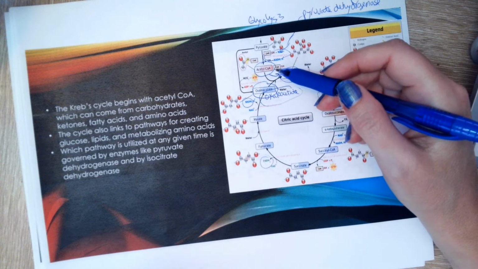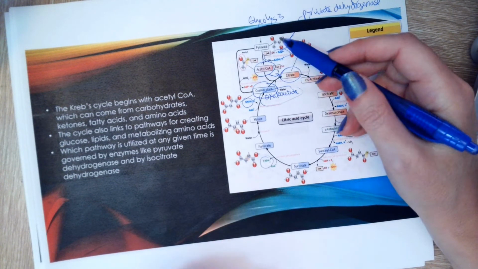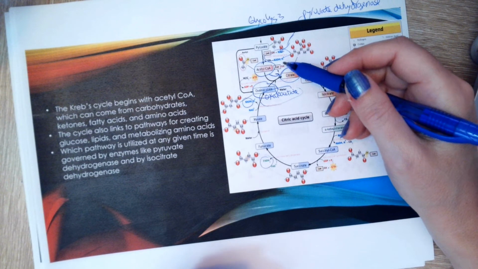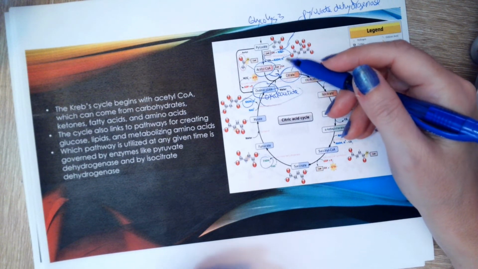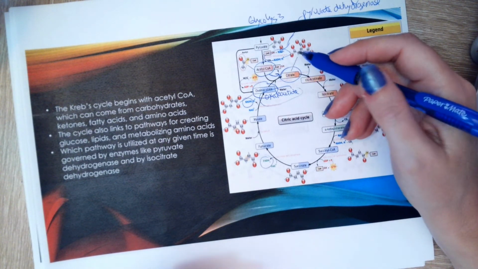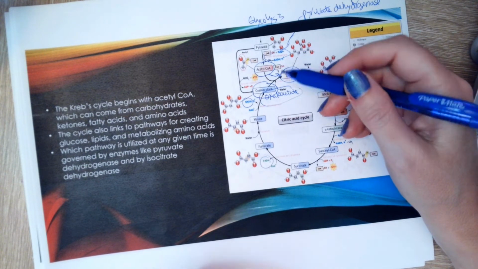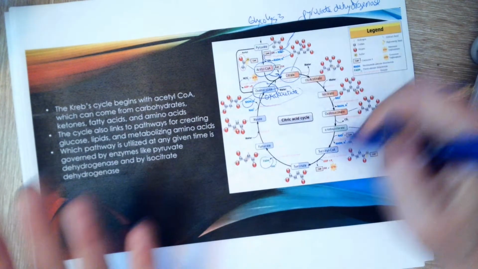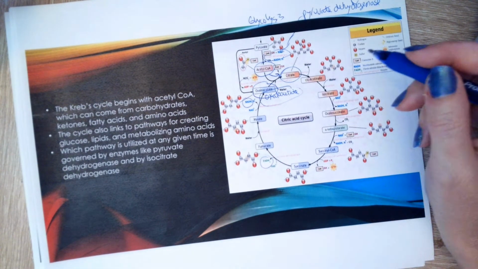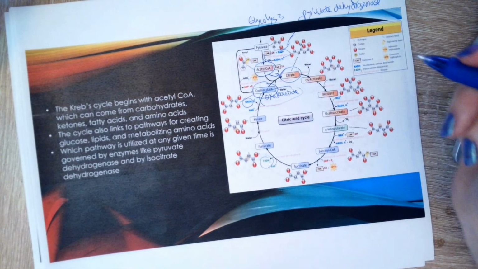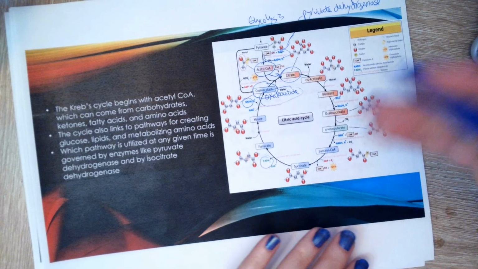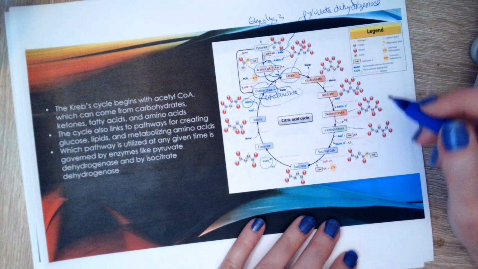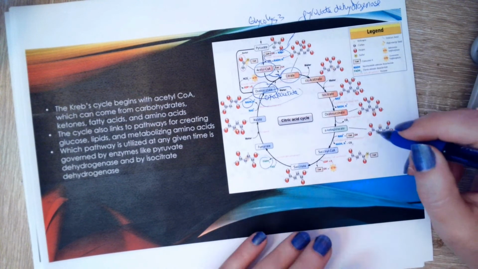Acetyl-CoA can come from other sources other than just glycolysis. It can come from breaking down of fatty acids. It can come from breaking down of certain amino acids. So we get this acetyl-CoA from multiple sources, and it can go through this whole energy creating cycle, or if we have certain conditions in the cell or certain enzymes present, we can have little side branches.